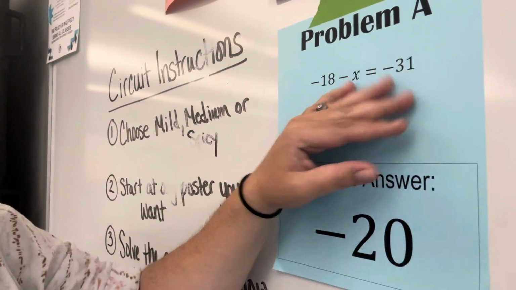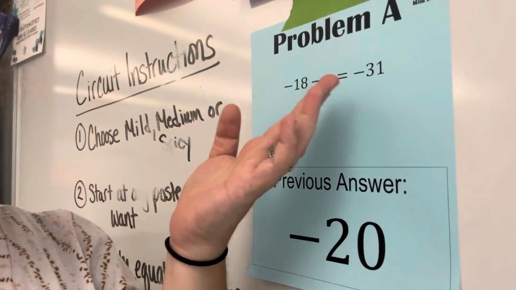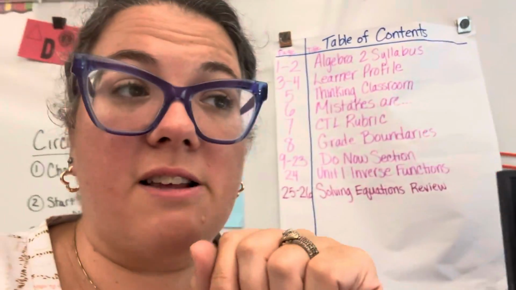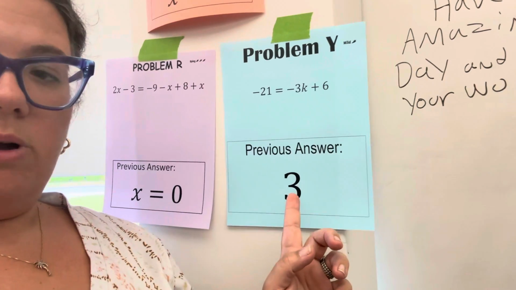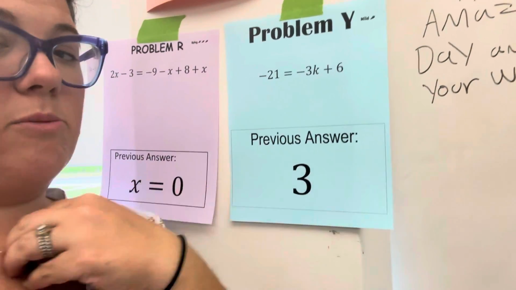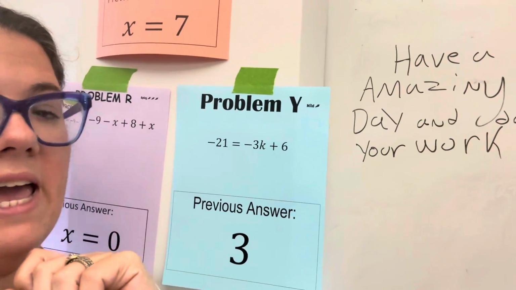If I solve this problem and the answer is 3, I'm gonna look in the classroom for another poster that says 3 on it. If you look over here, this poster has a 3. It says previous answer. This means if my previous answer is 3, then I'm gonna come here and do problem Y next.